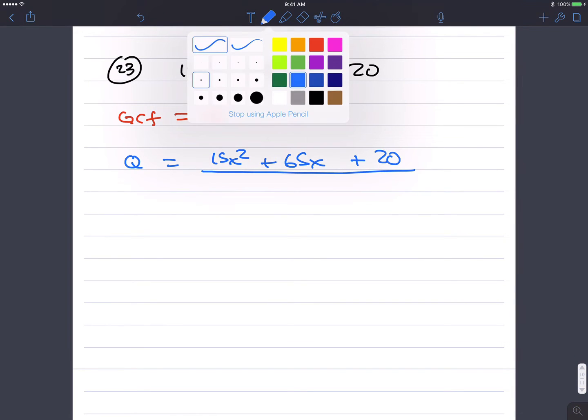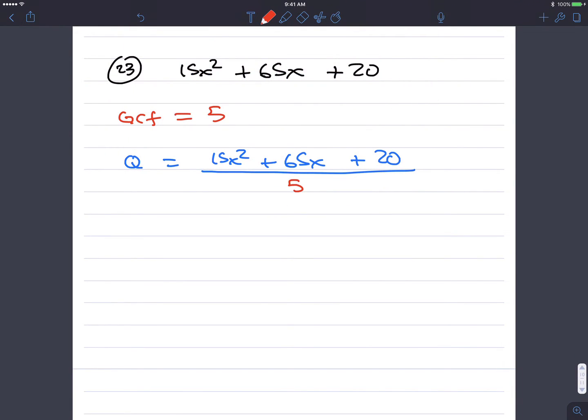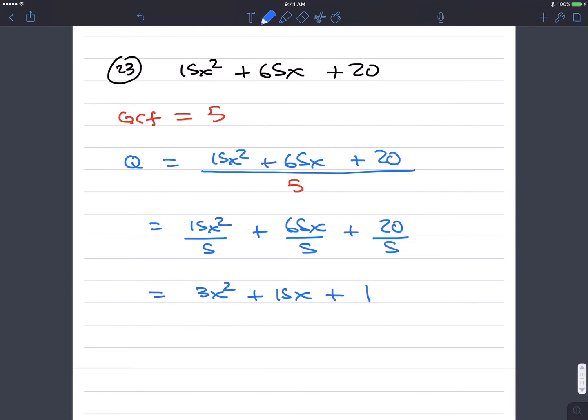Everything divided by 5. What do we get? 15x squared over 5 plus 65x over 5 plus 20 over 5. And we get a nice, what? 3x squared plus 15x plus 4.